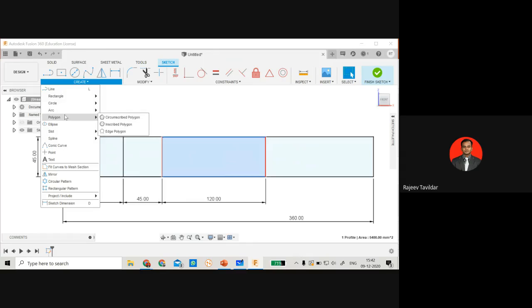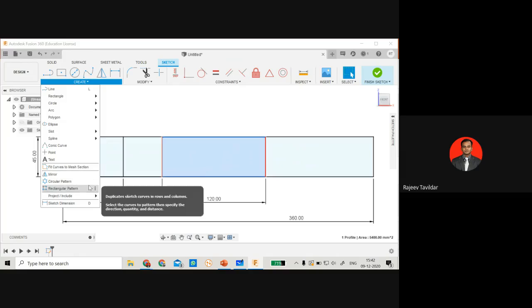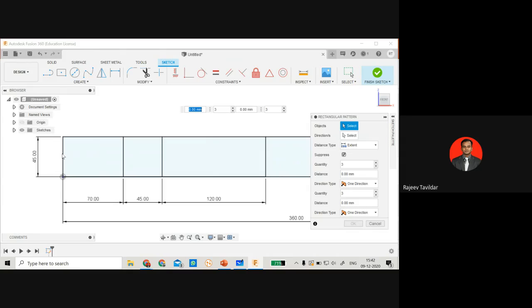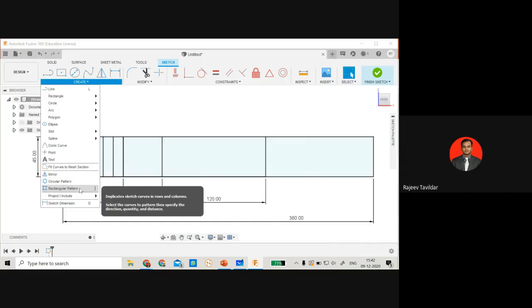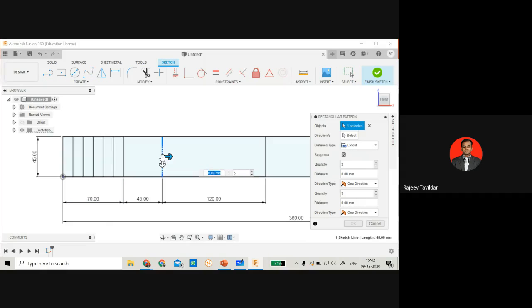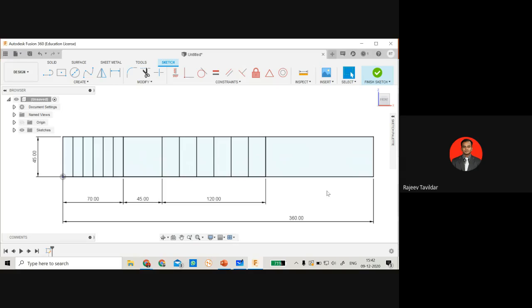So I'll create 6 divisions each in the rise as well as the return stroke. Similarly, I'll do it for the return stroke as well. The numbering and everything I'll do at a later stage.